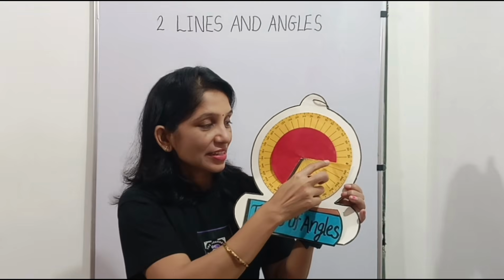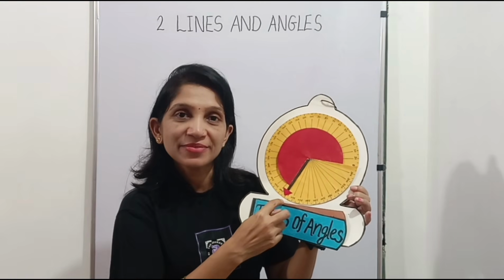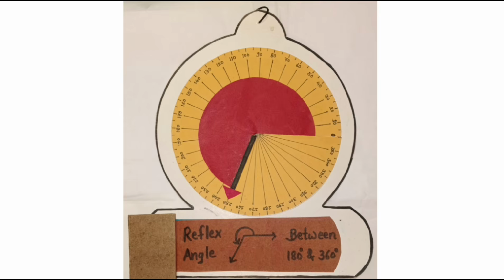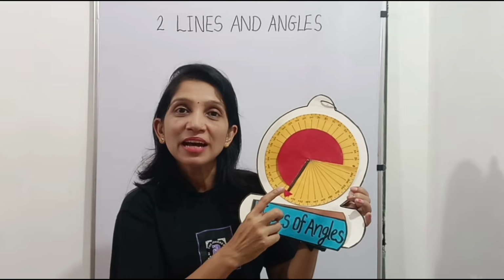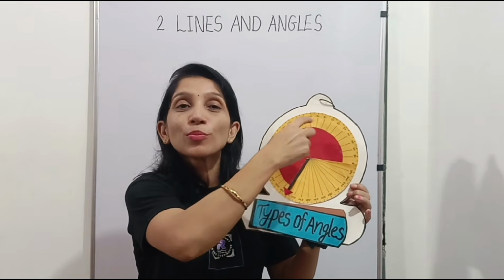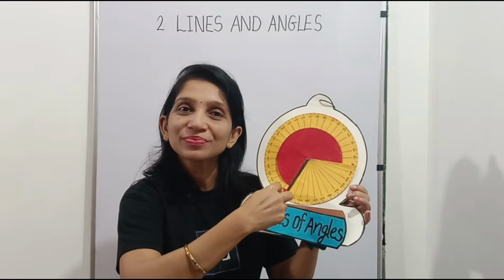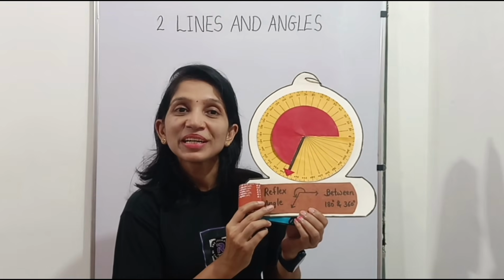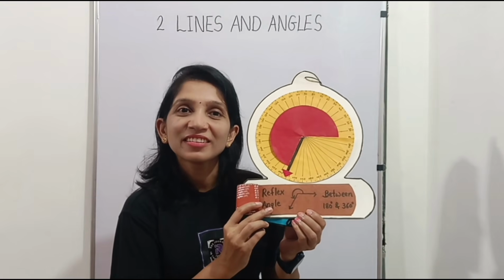Suspect 6, 250 degrees. Both arms are making a big turn. It's more than half. Code name: reflex angle.